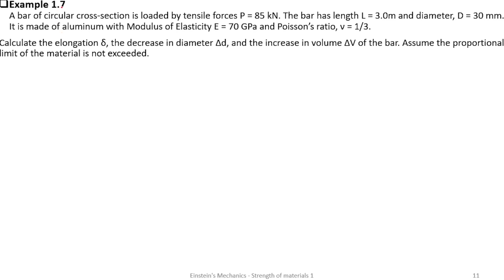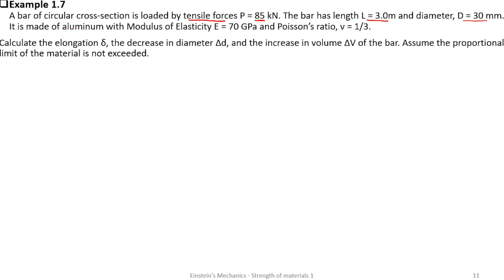Example 1.7. Wow, this contains a lot. Let's pay attention here. A bar of circular cross-section is loaded by a tensile force P of 85 kilonewtons. The bar has length 3 meters and diameter 30 millimeters.